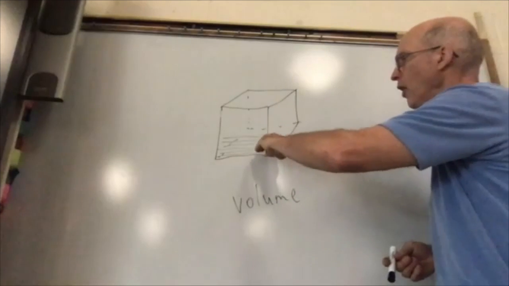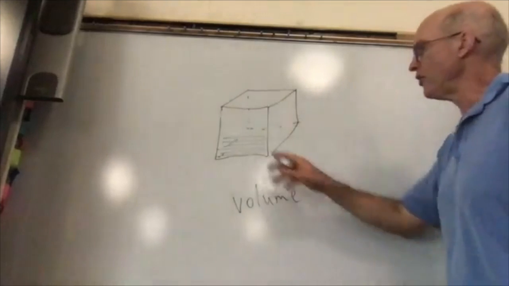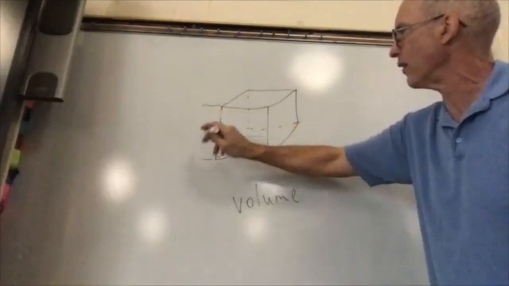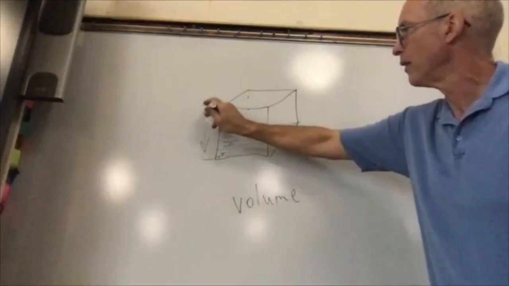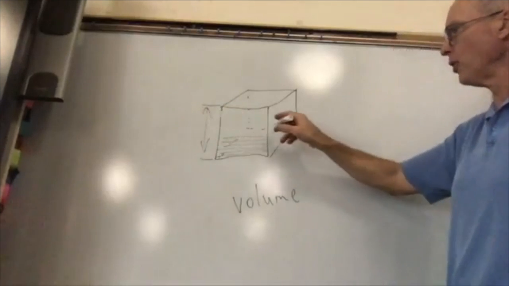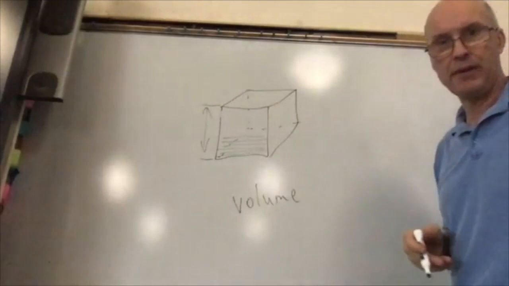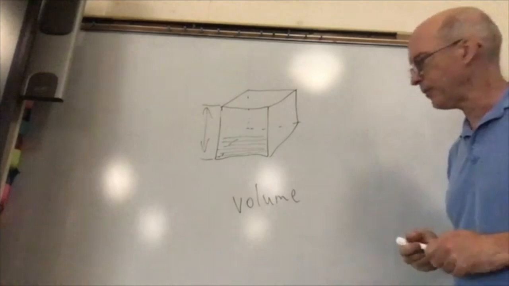So you want all that stack. So you're going to want the bottom face times this height here. If it was a more unusual looking bottom, it's still going to be the same. It's whatever that bottom is times the height. Okay, that's going to give you volume.